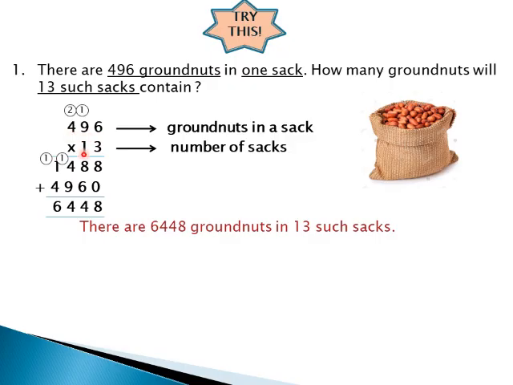So it is a repeated addition problem. So we can solve this using multiplication. So 496 times 13 equals 6448. So there are 6448 groundnuts in 13 such sacks.